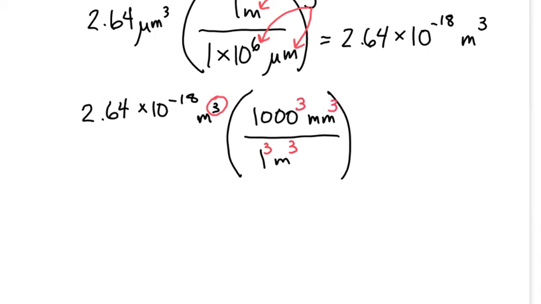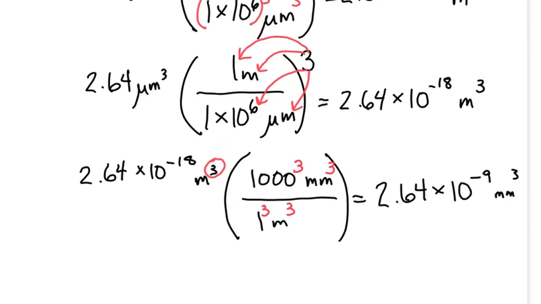So that's going to be 2.64 times 10 to the minus 18th times 1,000 to the 3rd power. So if we do that, we get 2.64 times 10 to the minus 9th millimeters cubed. I hope that that makes sense.